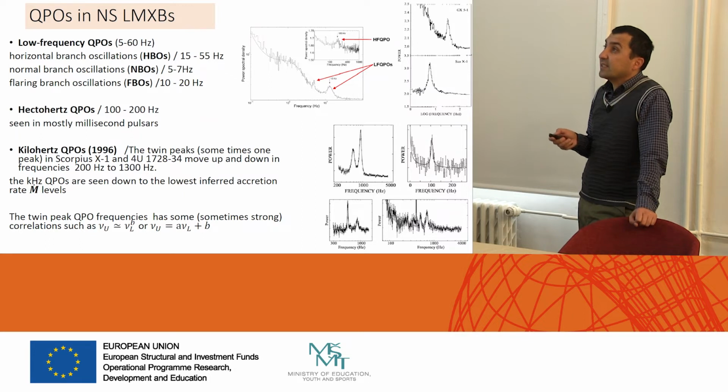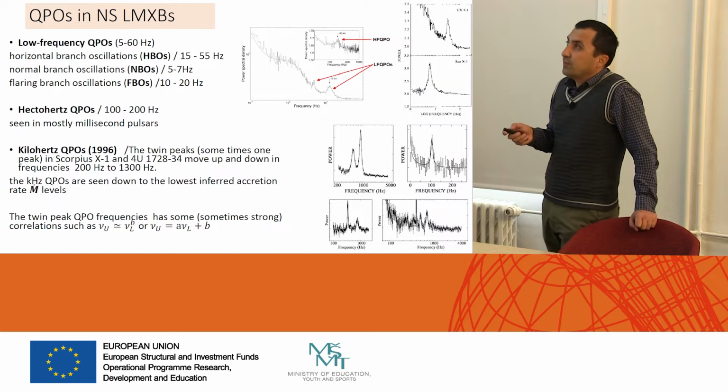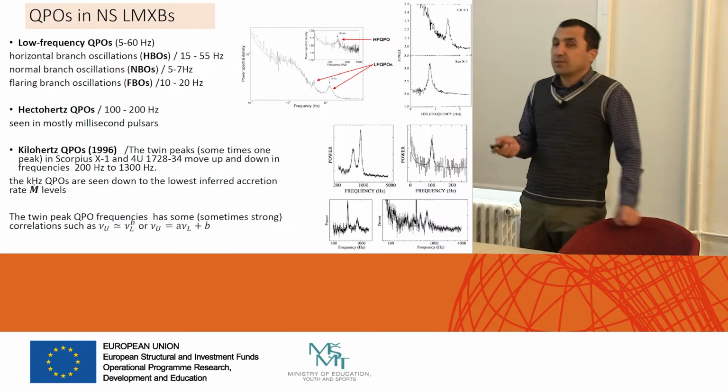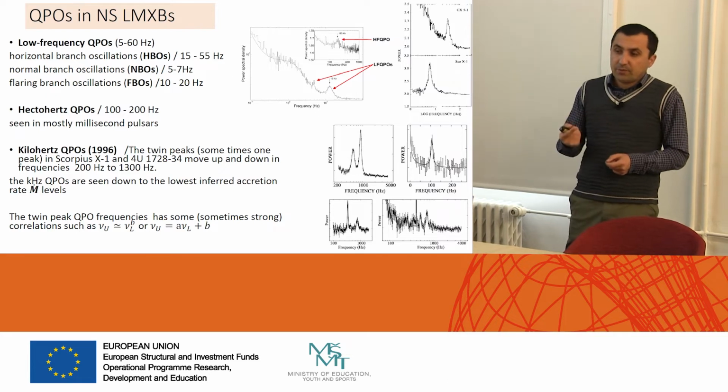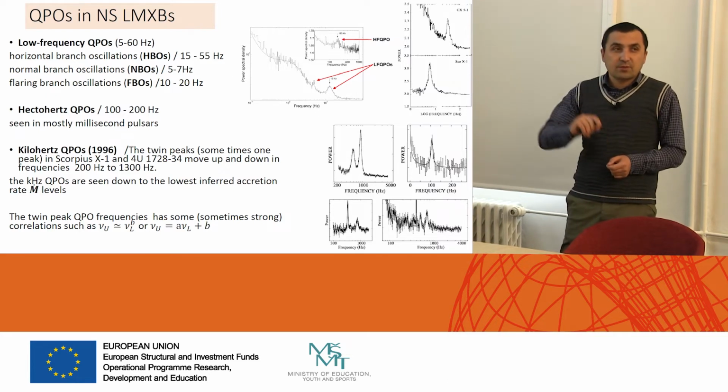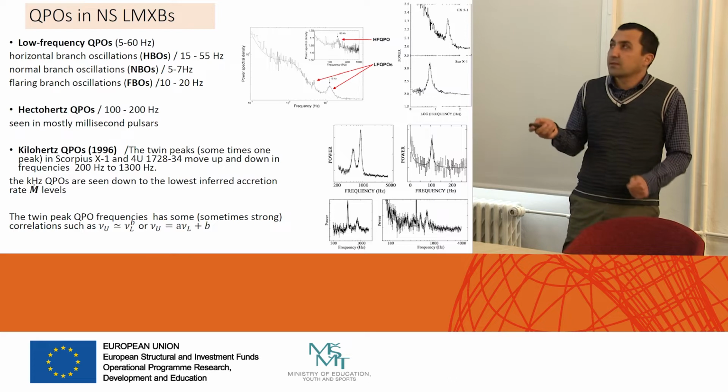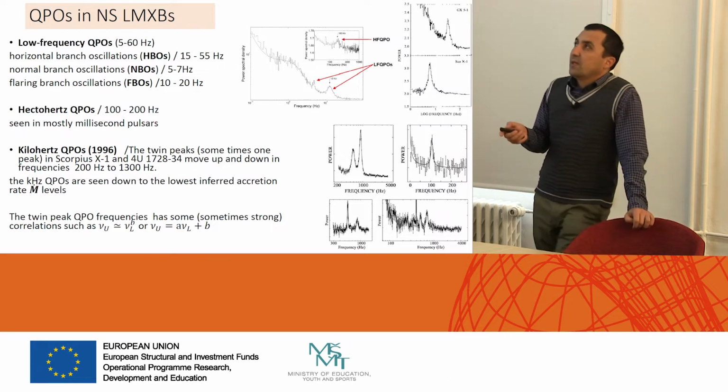Actually, these oscillations are seen mostly in millisecond pulsars, which have a rotational period from 1 millisecond to 10 milliseconds, pulsing neutron stars.